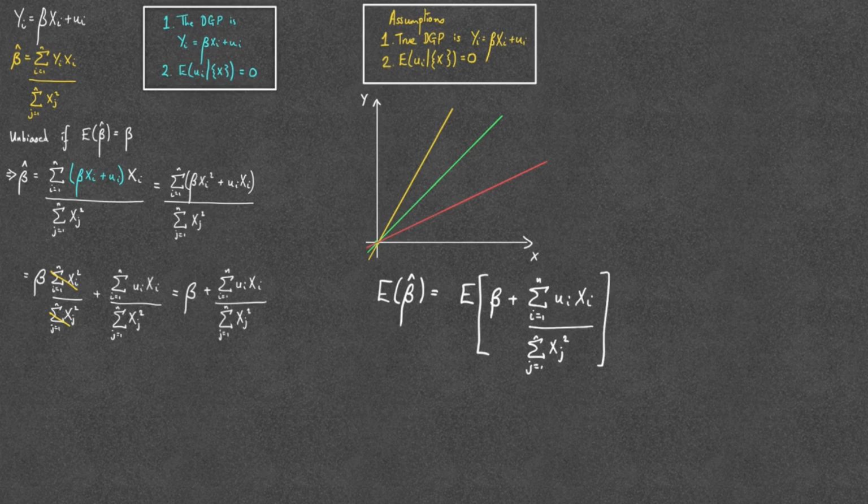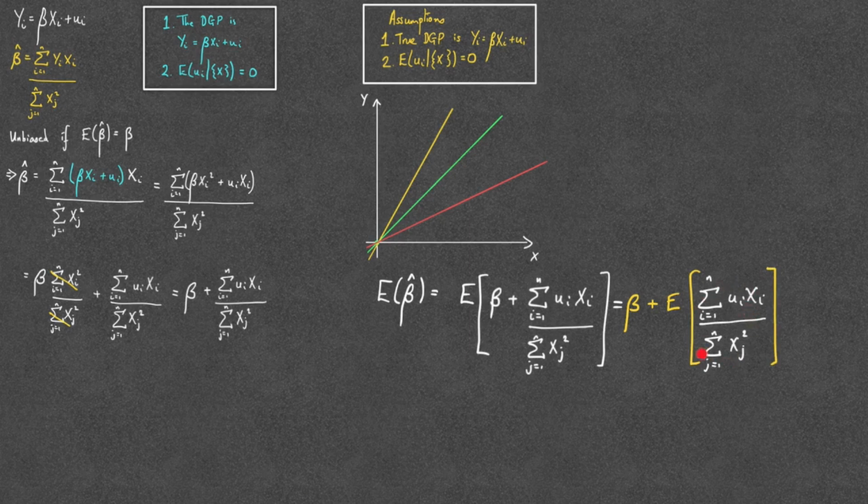Now this is the expectation of a sum, so we can split this up into two parts, the expectation of beta plus the expectation of the sum of ui xi over the sum of the x squared. But the expectation of beta is just going to be beta because beta is a constant. So this is going to be equal to beta plus the expectation of the sum of the ui xi's over the sum of the x squared.